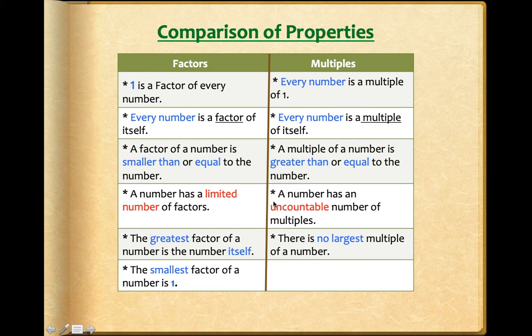But in multiples, a number has an uncountable number of multiples. Coming to factors, the greatest factor of a number is the number itself. But in multiples, there is no largest multiple of a number.